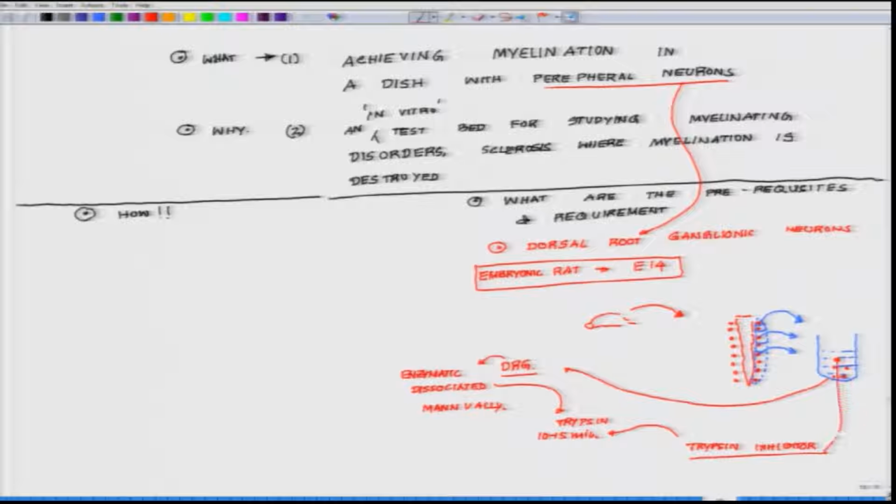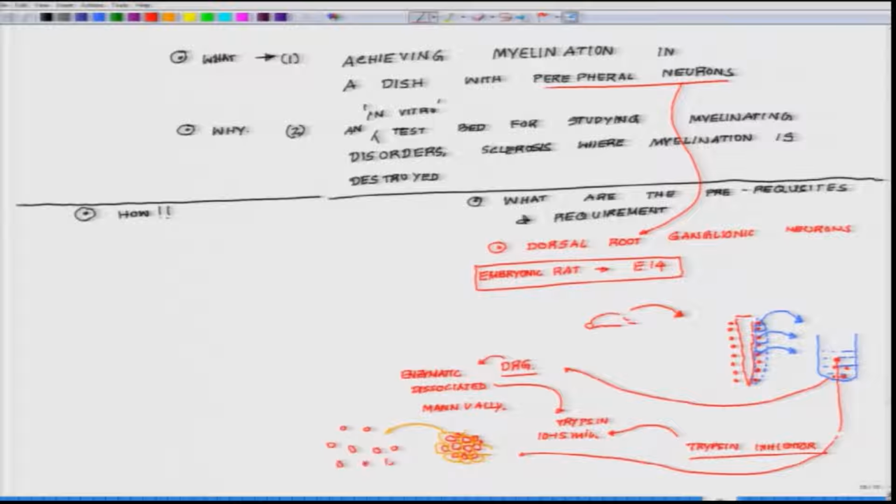These ganglions have a lot of cells sitting there. So, what you are essentially doing while you are putting trypsin is trying to separate out the cells by penetrating in between, like this. So, what you are getting is a single cell suspension.